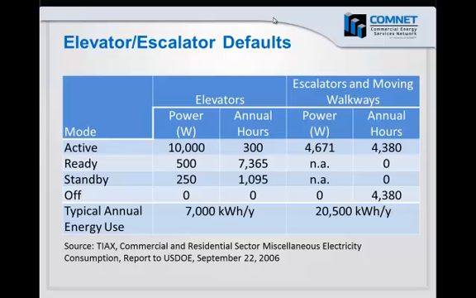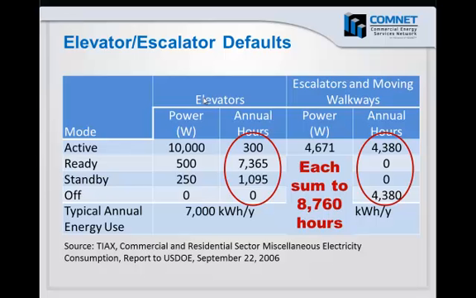So you could create a schedule of the hours that you think the elevators would be active, ready, or in standby mode, and then these power factors would be applied to each section of your schedule. The annual hours are typical annual hours, and these both sum to the 8,760, which are the total hours in a non-leap year.